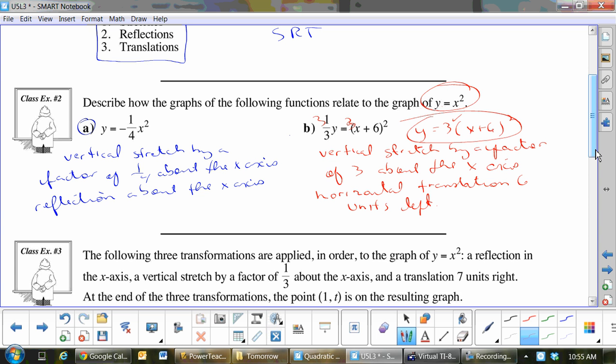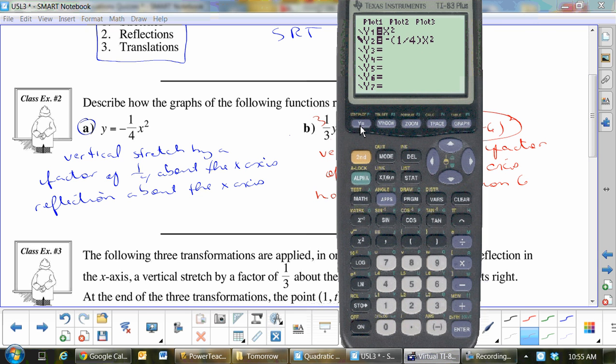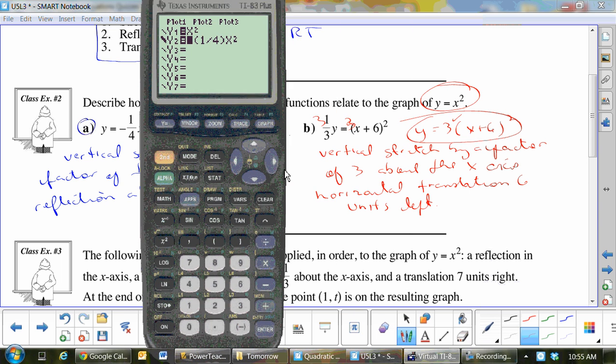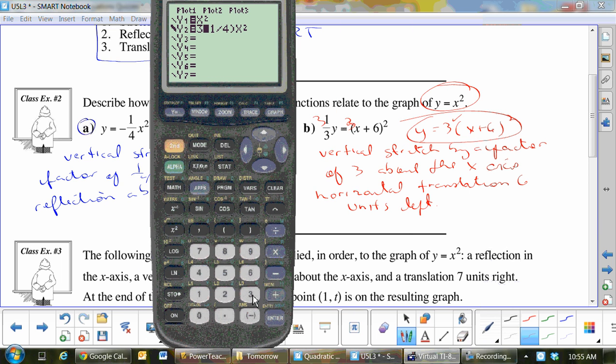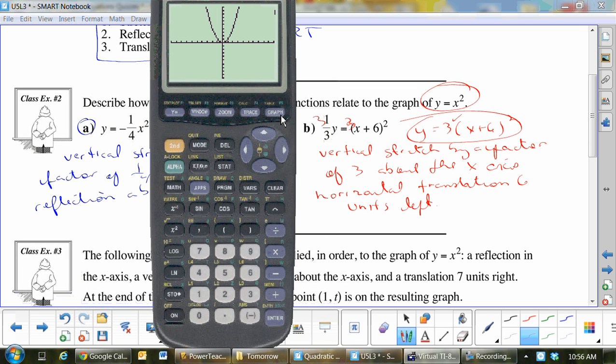You said first it got narrower, and then we moved it 6 units left. Okay, so is your picture okay? Is that what you pictured? Okay.